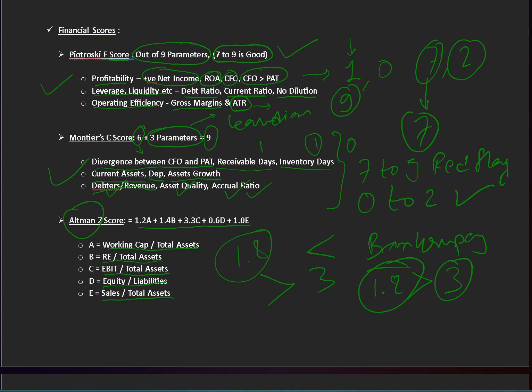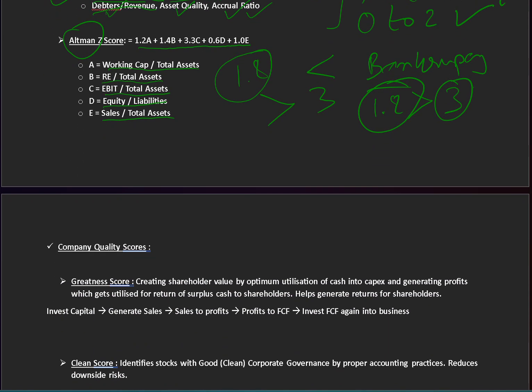Now we will see some quality scores of the company which we have seen on our channel, and these scores are very important in finding out how the company is in terms of its handling of the accounts.